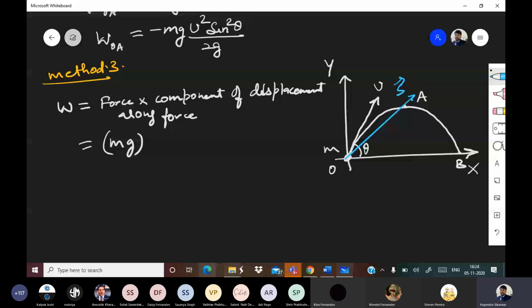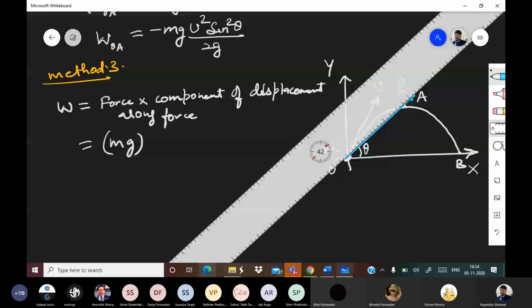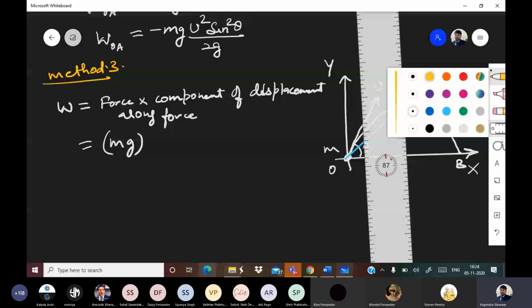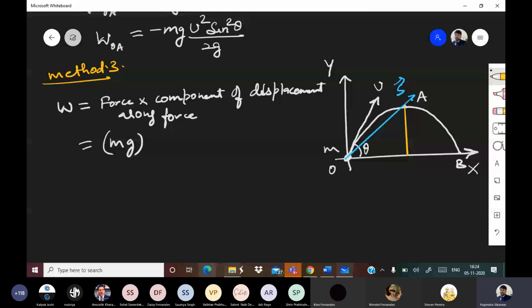Now component of displacement along force. Pay attention everyone. Component of displacement along force is this, because the direction of force is this. F is equal to mg. So the component should be along this, and that is h max, but their directions are opposite, so minus sign.